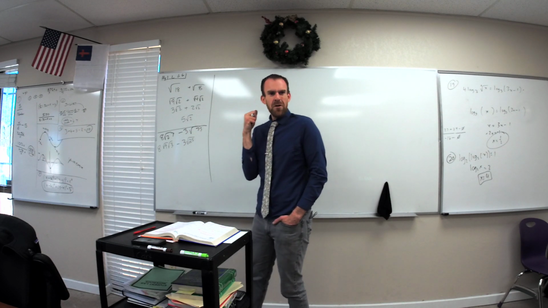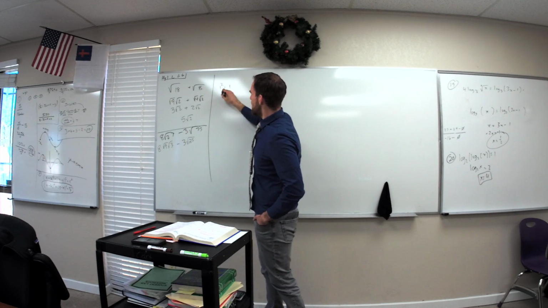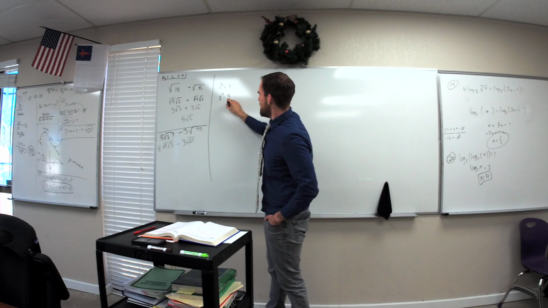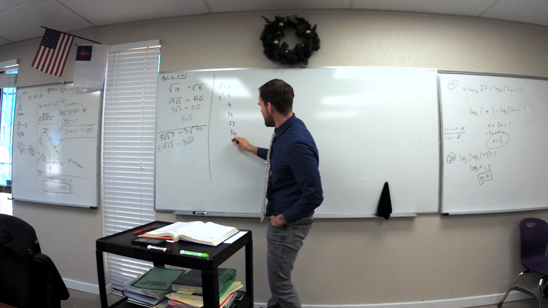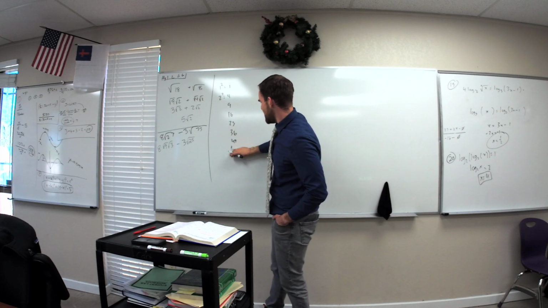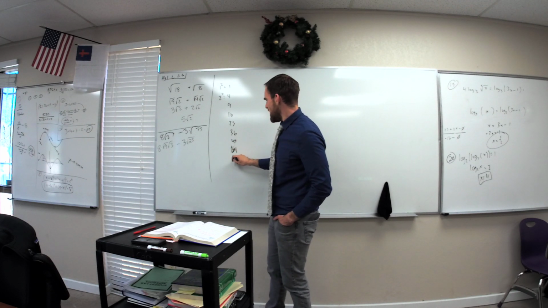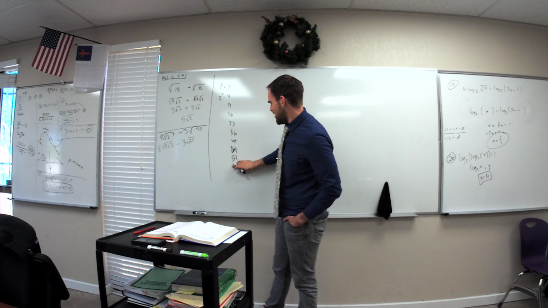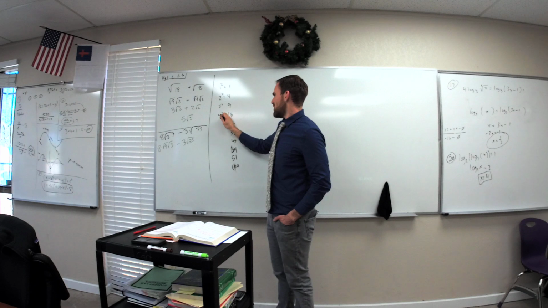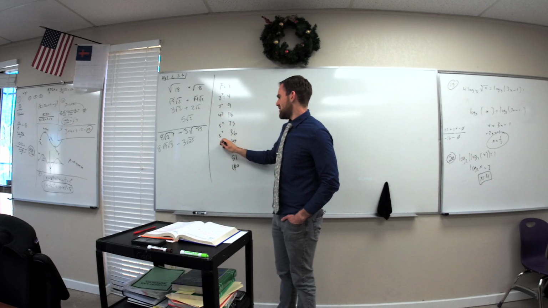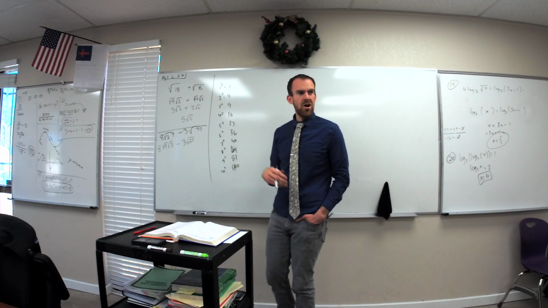Remember your list of perfect squares. 1 squared is 1, 2 squared is 4, 9, 16, 25, 36, 49, 64, 81, 100. 2 squared, 3 squared, 4 squared, 5 squared, 6 squared, 7 squared, 8 squared, 9 squared, 10 squared. Know them all up to 20.